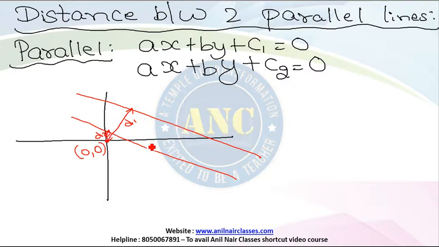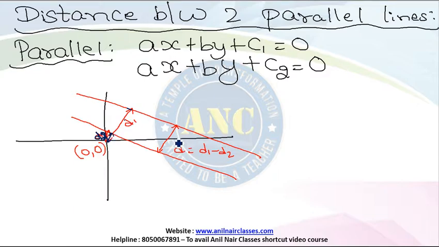So d is nothing but the distance between the parallel lines. d is given by d1 minus d2. Please understand, sir, I have probably not written that clearly because everything is in the same color. From the origin till this line, the distance I will call d2. The other distance, from the origin till this line, I will call d1.